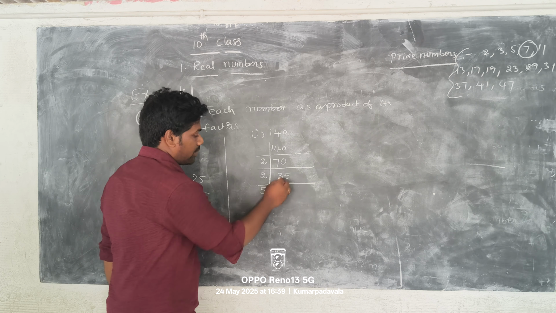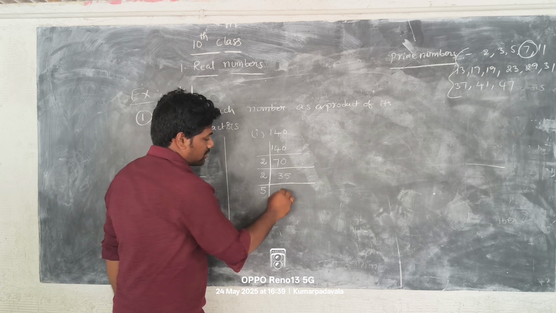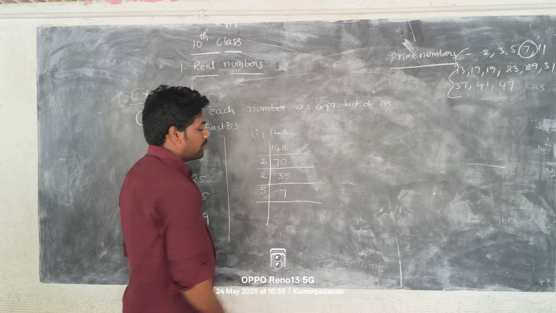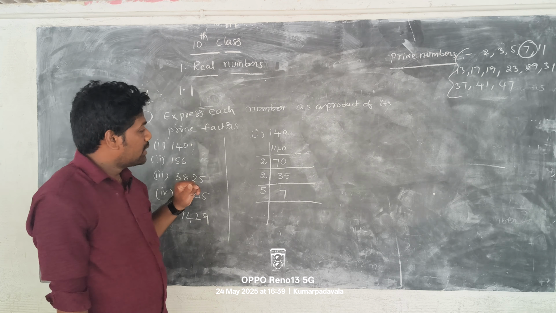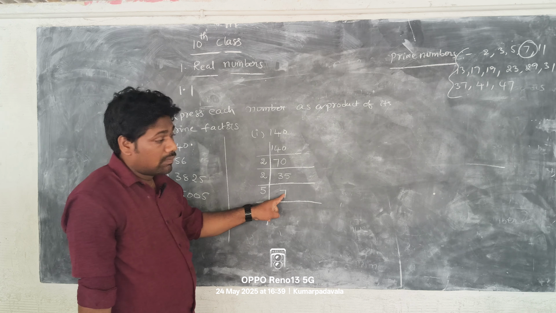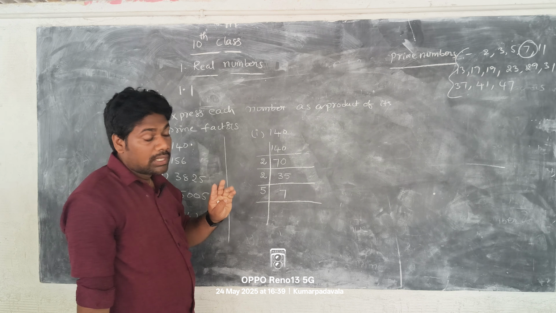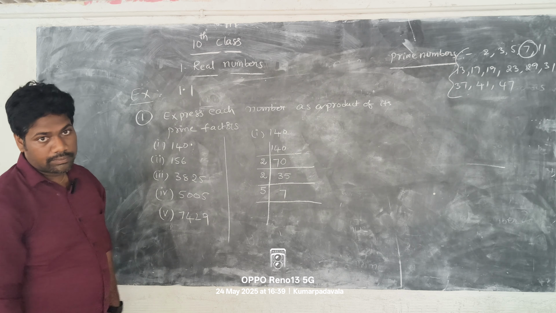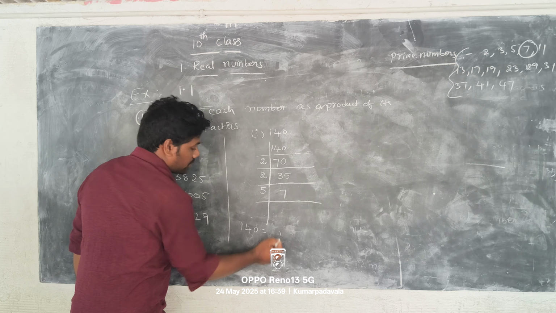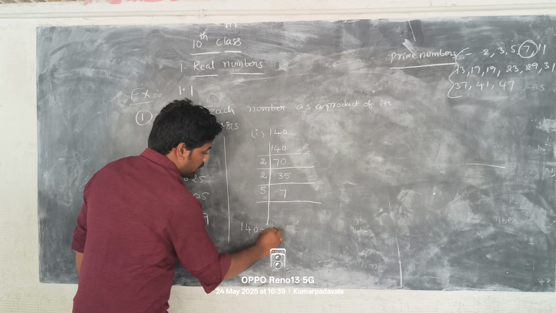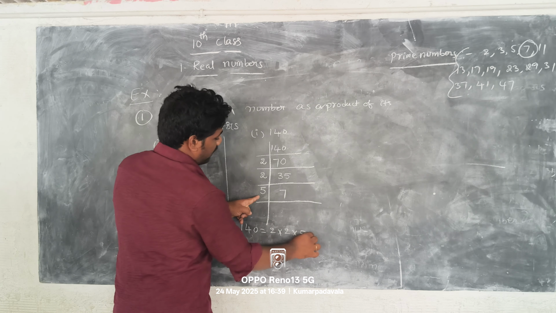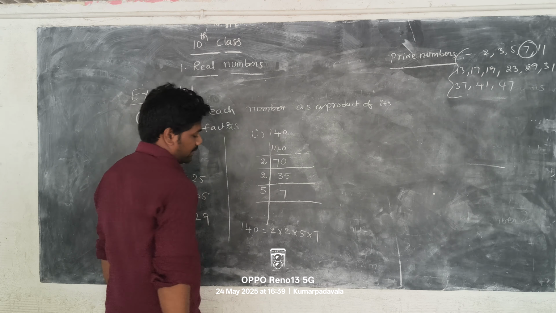So 35 is divided by 5, and it gives 7 times. Here we should stop. Why do we stop here? Because we got a prime number at last. Whenever you get a prime number at last, the process is over. Now you write 140 is equal to 2 into 2 into 5 into the last number, 7.